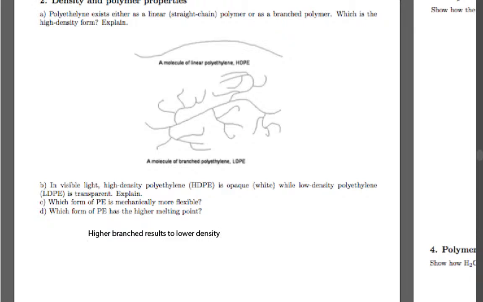Part B. In visible light, HDPE is opaque, while low density polyethylene, LDPE, is transparent. Explain. High density polyethylene is opaque. Why?